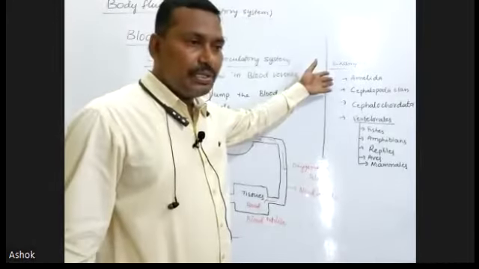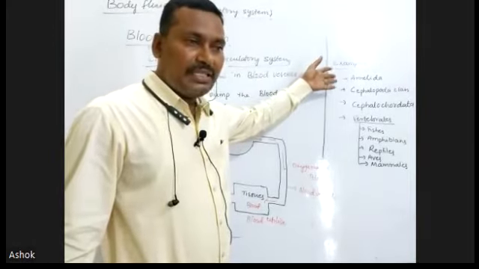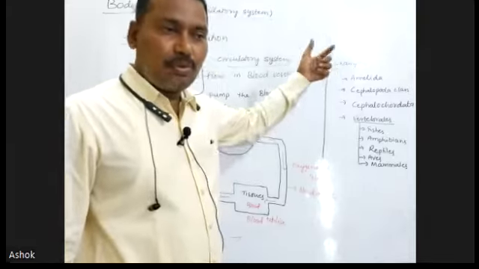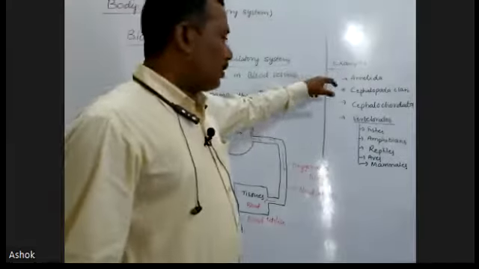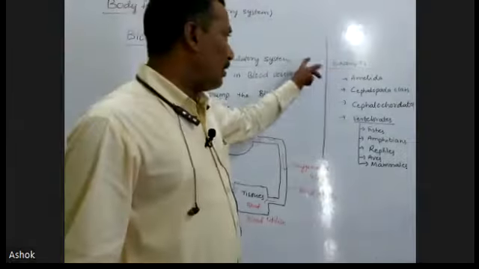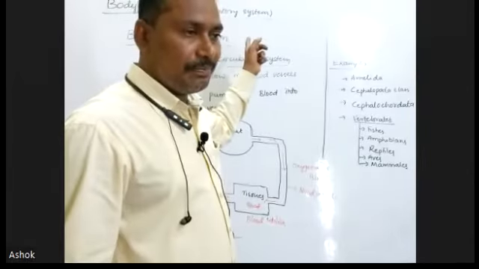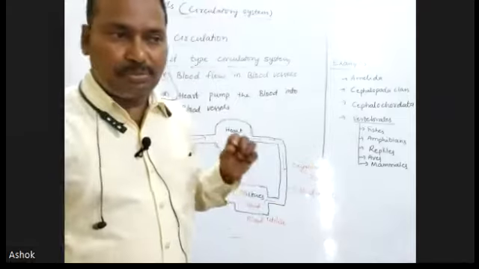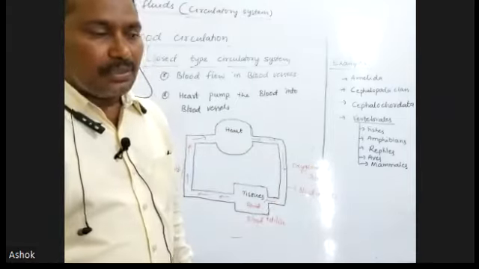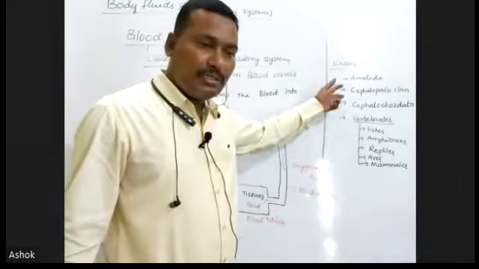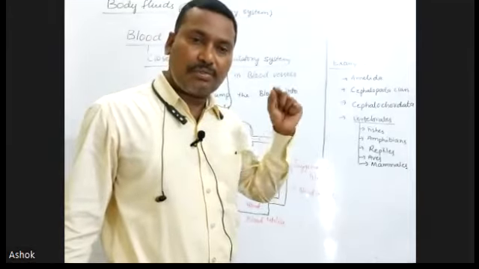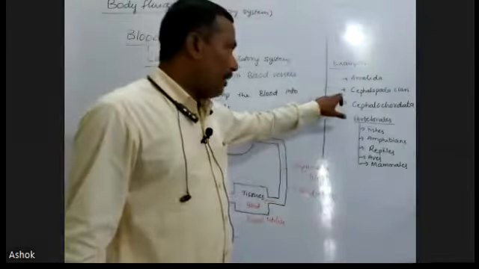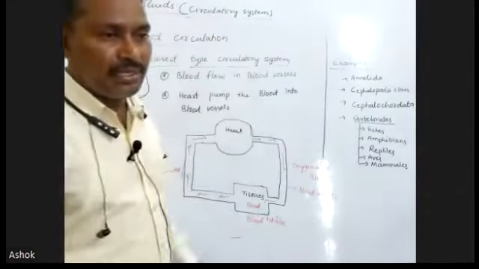For examples, take phylum Annelida, except leeches. Leeches contain the open type circulatory system, but earthworms and such all contain this closed type. The class Cephalopoda belongs to phylum Mollusca. Except this class, all remaining molluscans belong to the open type, but Cephalopoda belongs to the closed type.